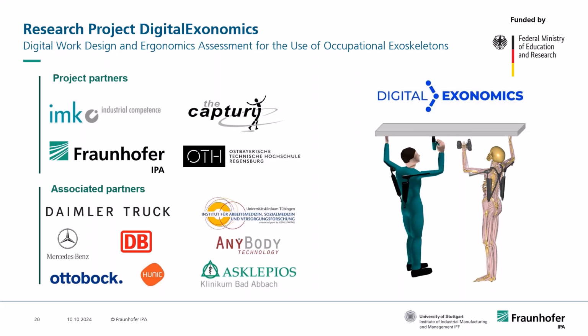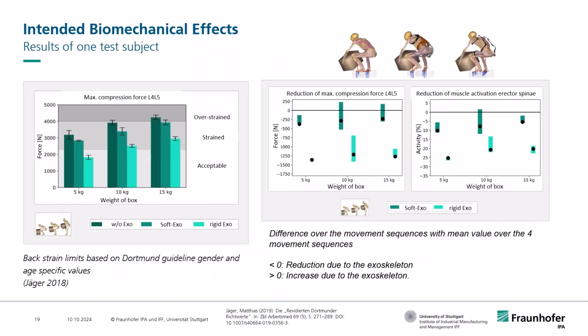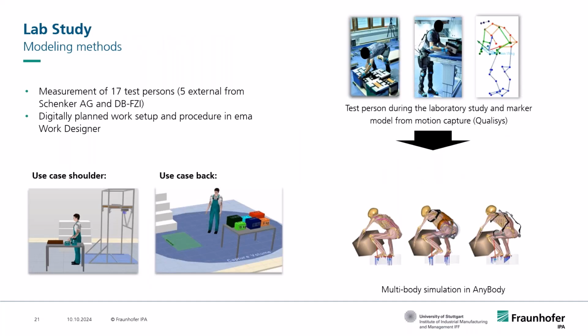For this presentation, I would like to outline mainly the modeling methods we were applying in the lab study. So what did we do as the main part of the lab study? We applied the two mentioned modeling methods.